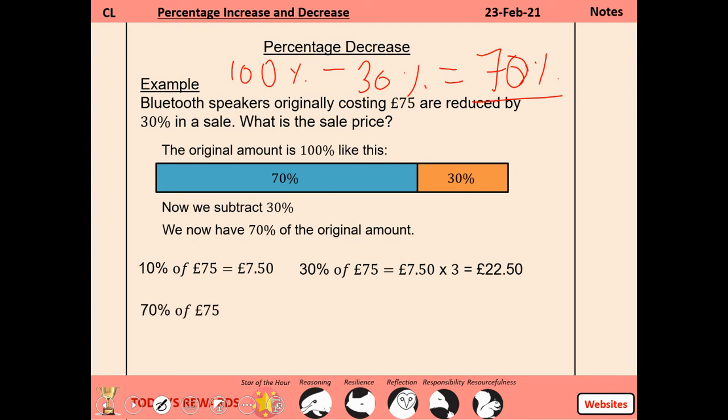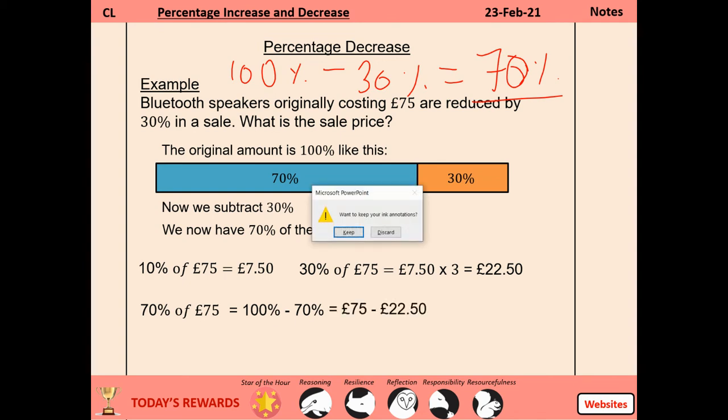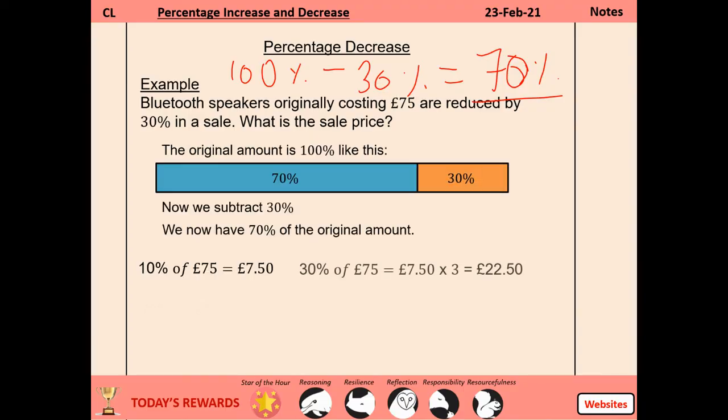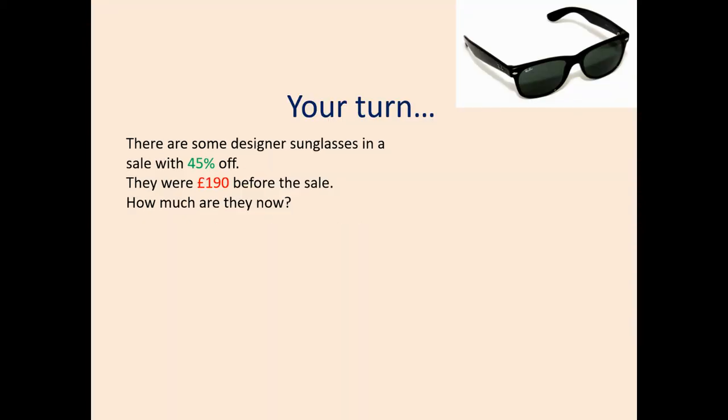And then to work out 70%, I can just do 100% minus 30%, I apologize, sorry about that. So 100% minus 30%, which is £75 minus the £22.50, that'll give you £52.50.